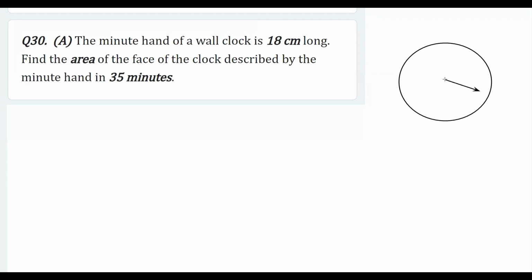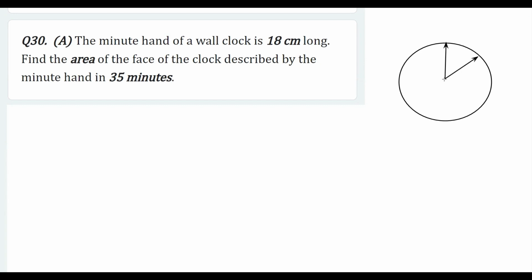So this is the minute hand, and the area swept by this will be equal to the length of this minute hand, which can be taken as the radius. It is 18 centimeter.